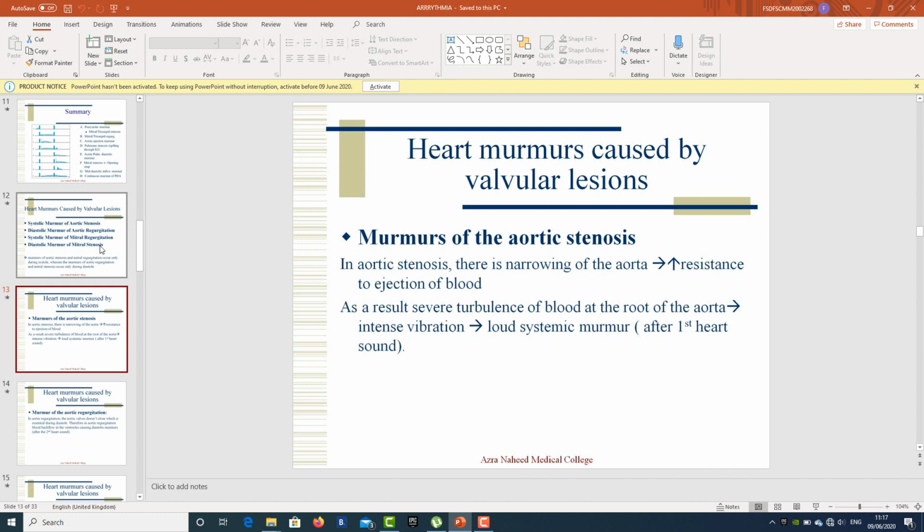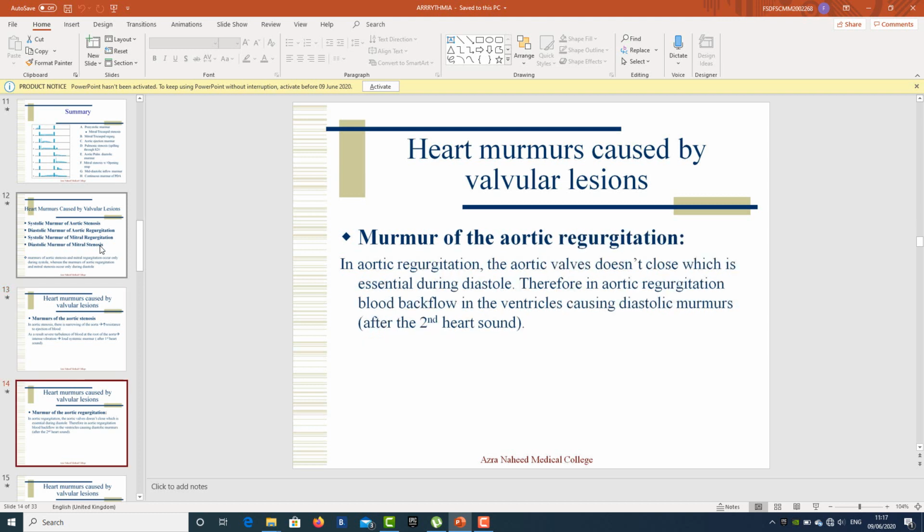There is intense vibration, a loud systolic murmur after the first heart sound. In aortic regurgitation, the aortic valve does not close, which is essential during diastole. Therefore, in aortic regurgitation, the blood flows back into the ventricle, causing a diastolic murmur after the second heart sound.